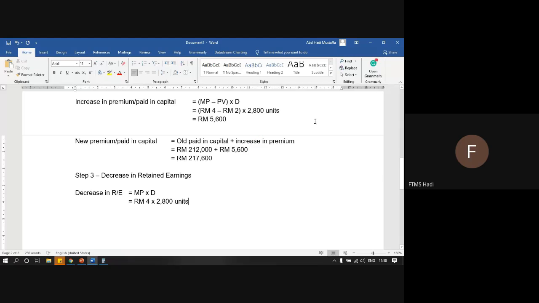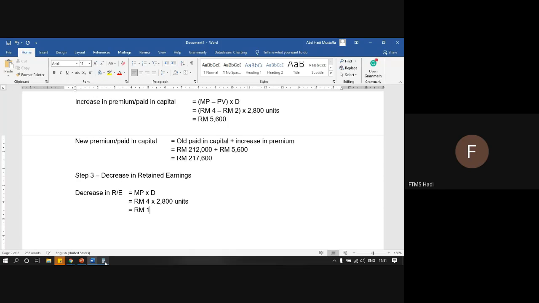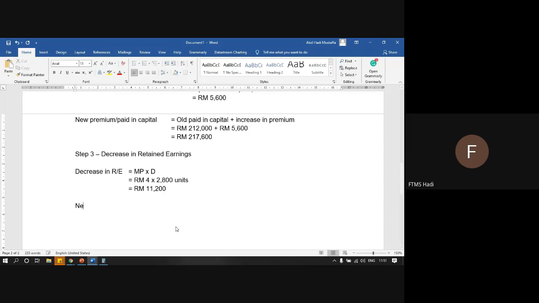So you will get RM11,200. So for the new retained earnings, you need to update the old retained earnings. Since this is a decrease, that means you need to minus.